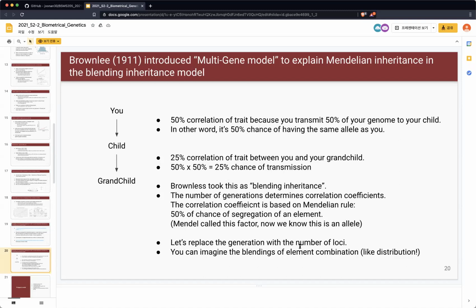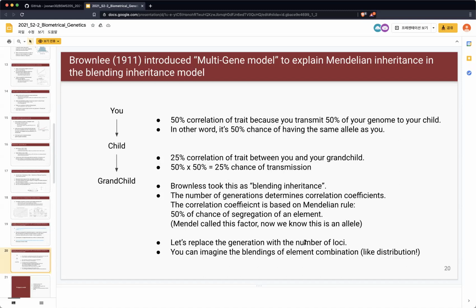So your correlation coefficient is going to be 0.25, which is 25%. If you have more and more loci, so if you combine them more and more, then your correlation coefficient has to be diluted as the number of loci used in the calculation increases.